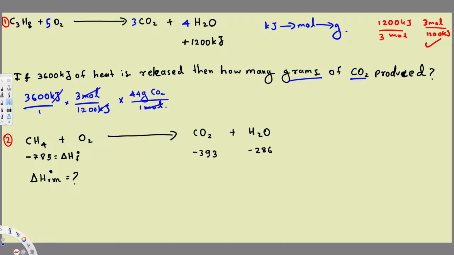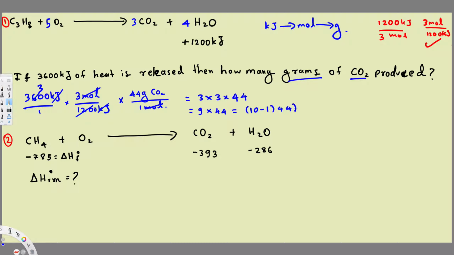From this, you notice that the mole cancels, the kilojoule cancels, and finally we get the answer in grams. If you convert this, this is going to be 3 times 3 times 44, so that's equivalent to 9 times 44. 9 times 44 is the same as 10 minus 1 times 44.